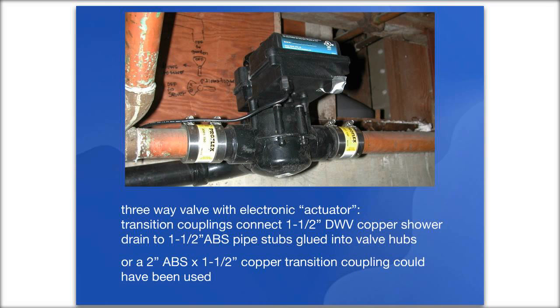We could have used the 2-inch plastic by 1.5 inch copper. Anyway, there's always several ways to do anything. And notice that this has the actuator attached to it so that they could operate this from inside the garage instead of having to go into the crawl space.